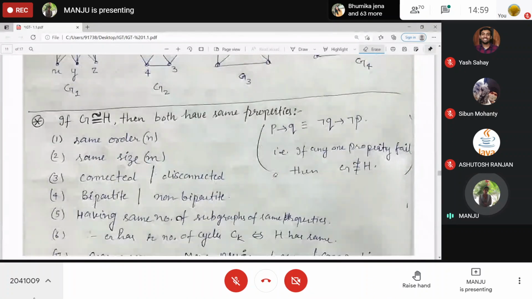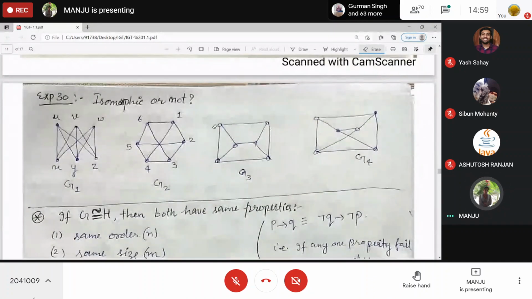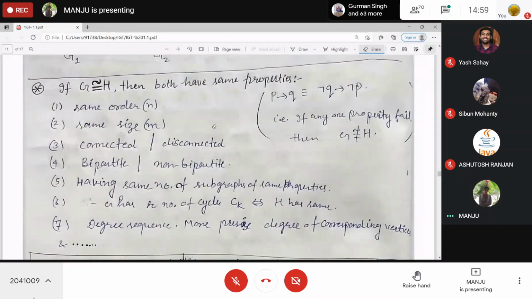I'll come back to you again in the next class tomorrow. If G and H are isomorphic, then both graphs will have many properties, in fact all the properties the same. They will have the same order, the same number of vertices, the same number of edges. If one is connected, the other has to be connected; if disconnected, the other has to be disconnected. Both are bipartite at a time, or non-bipartite at a time, right?